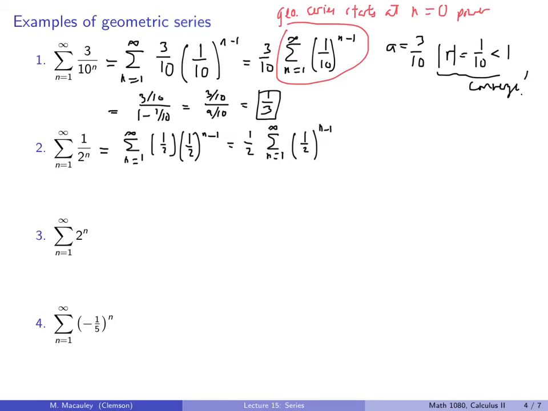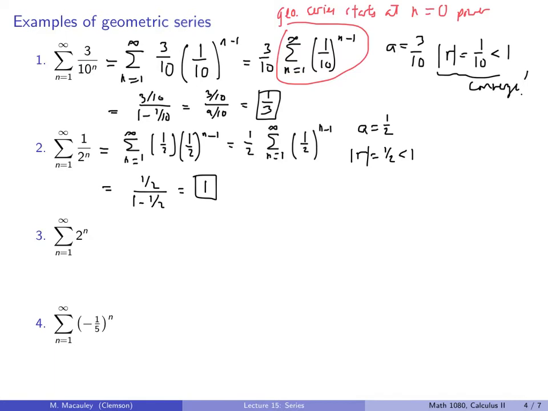Either one works, but once we are here, now we have a equals 1/2, and absolute value of r is 1/2, which is less than 1, so this is going to converge, and it will converge to 1/2 over 1 minus 1/2, which is 1/2 over 1/2, which is equal to 1.